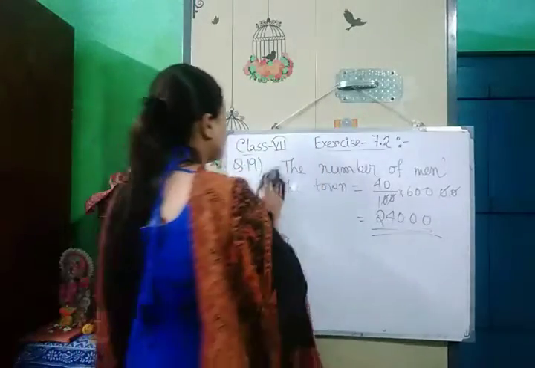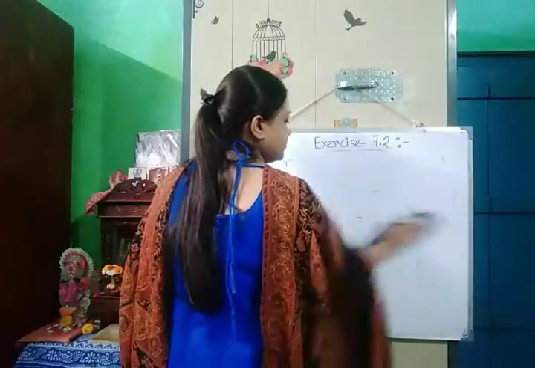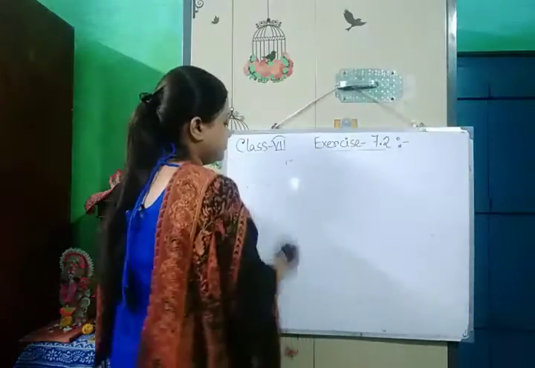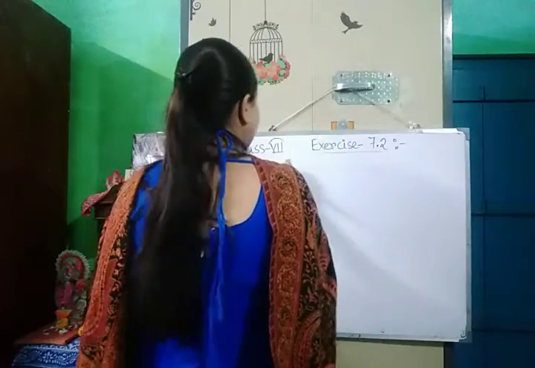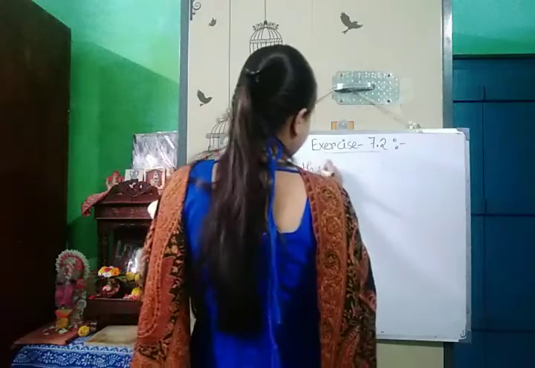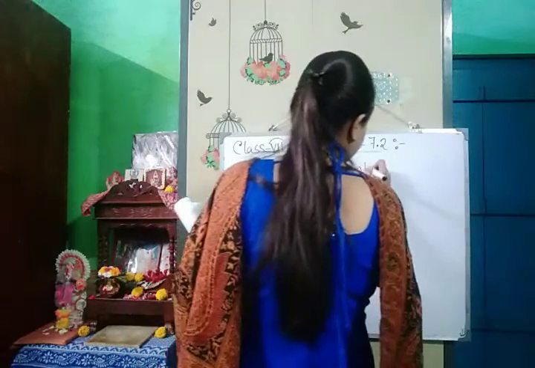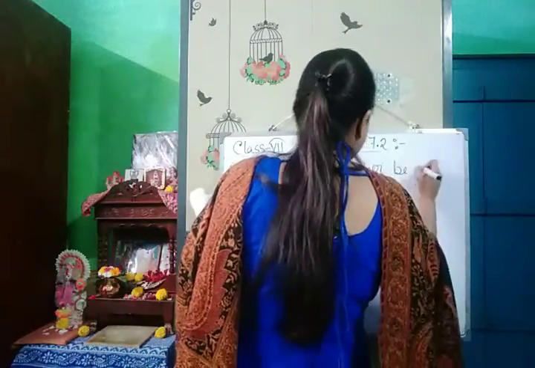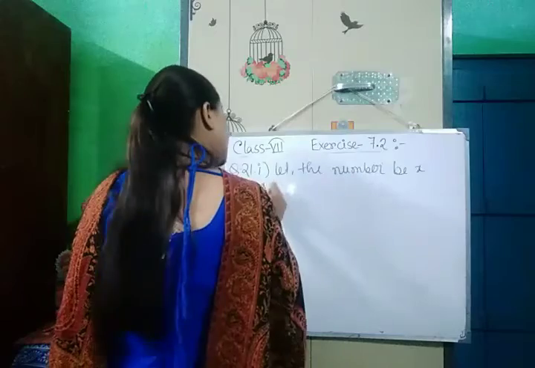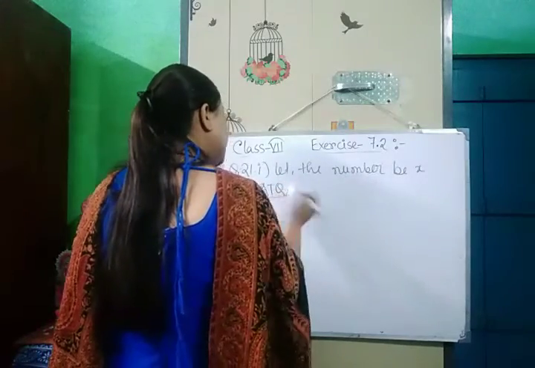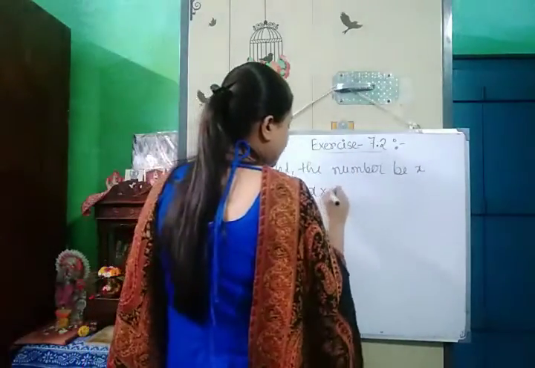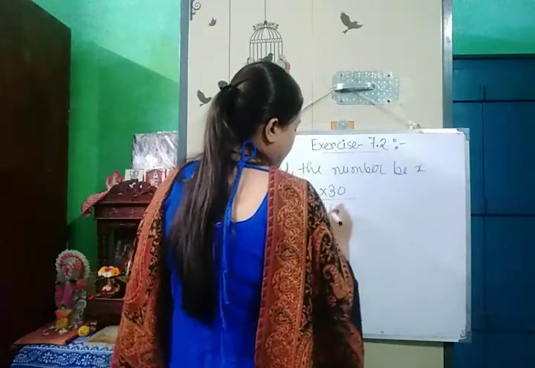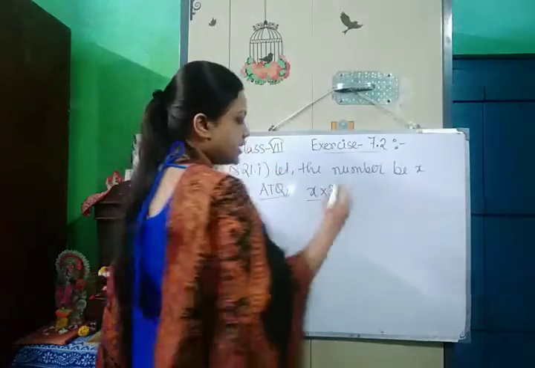So let the number be x. According to the question, 30% of x means 30 into x by 100, or x into 30 by 100.